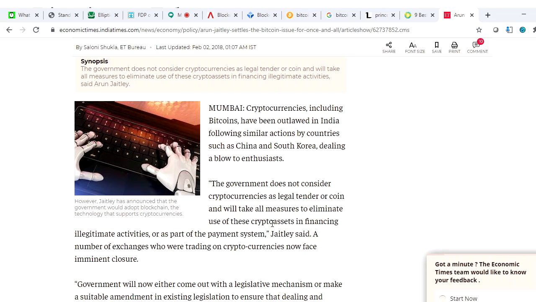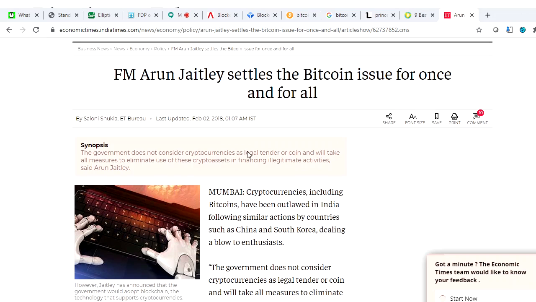The former finance minister announced during the budget session, on 2nd February 2018, because on 1st February 2018 the budget was announced, that Bitcoin is not a legal tender in India, because they realized that if they allow Bitcoin, then all the efforts made with demonetization will go to waste.